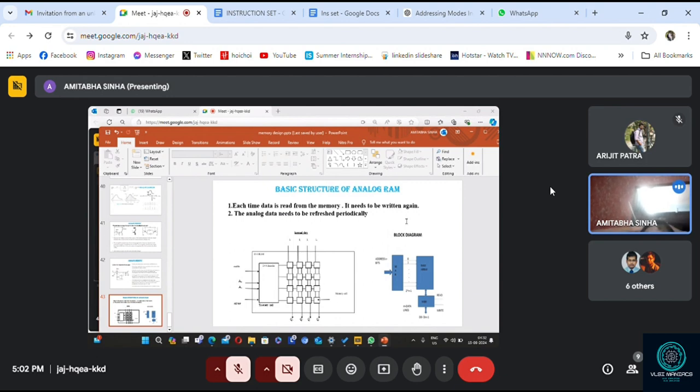It will be as it is. So whenever data is transferred from memory or from a register in the random access memory or digital register, data is not lost.